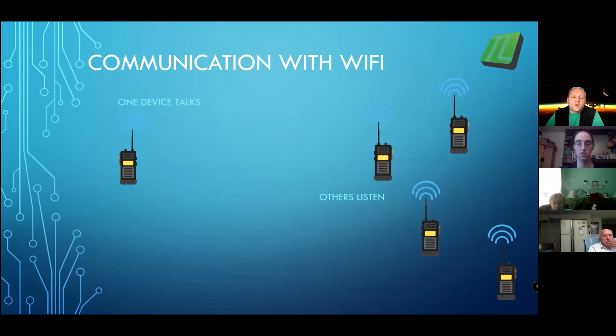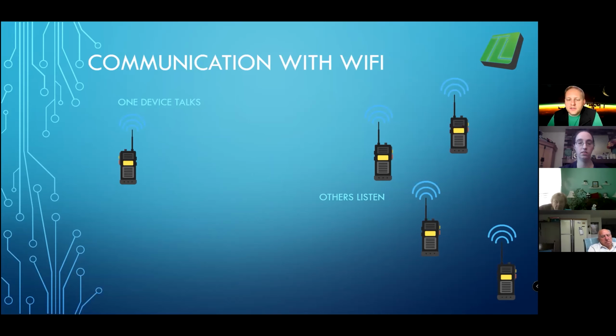So basically, the way it works is one device talks, and the one on the left I have is the talking device right now, and the others that are in your house, these little radios represent different wireless devices. So it might be a router, it might be your cell phone, it might be your tablet, it might be your smart TV connecting through wireless.